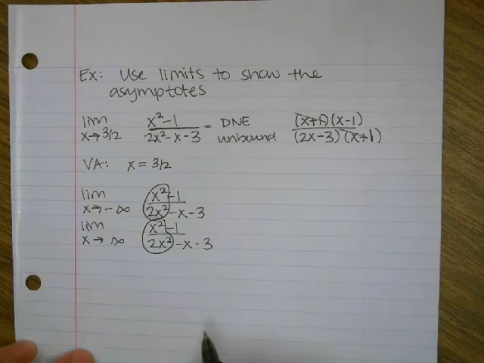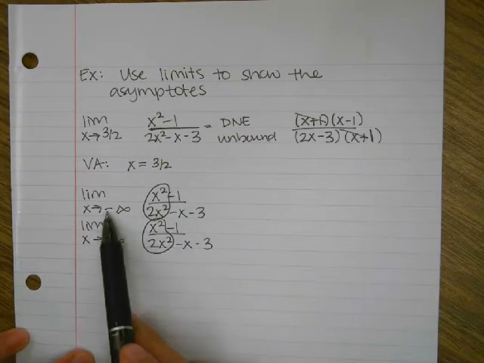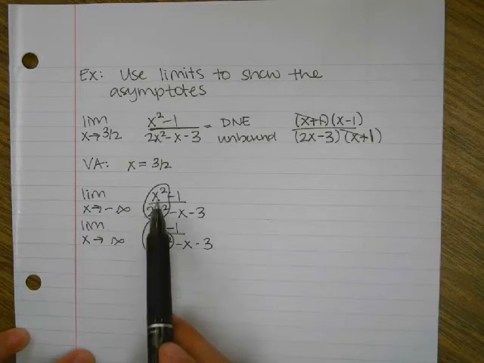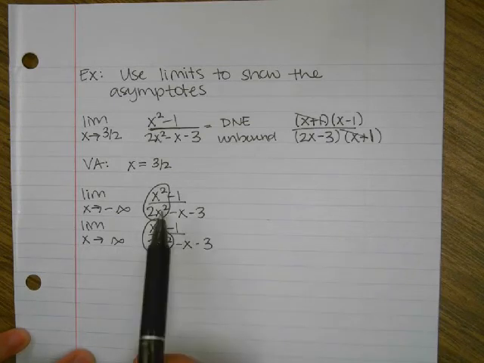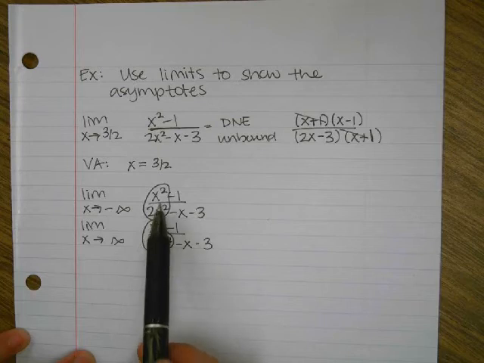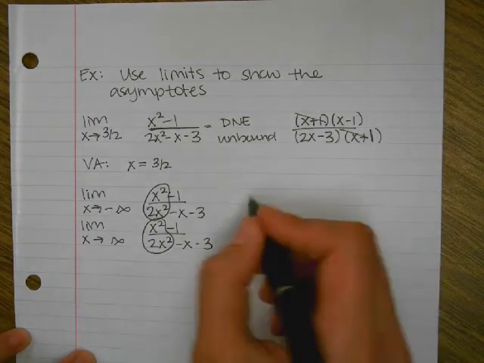Right? So one of the things we're going to pay attention to when we do these problems is when I plug in this negative infinity, am I going to keep the sign of the original problem, or am I somehow going to have a negative in my answer now? And the answer is I'm going to keep the same sign, right? Because negative squared is positive and negative squared is positive, and so a positive divided by a positive is going to stay as a positive answer.